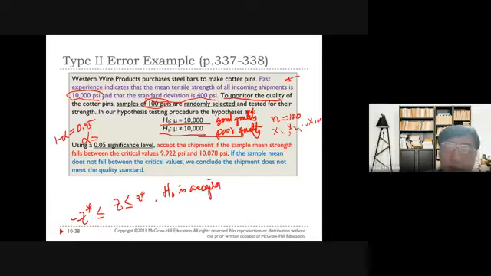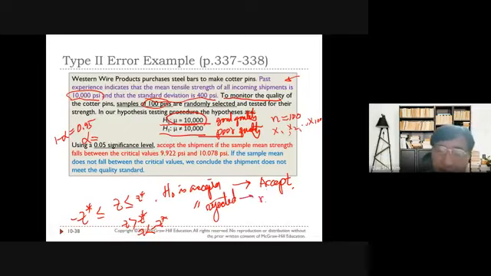Accepted means this batch of arrival is equal to 10,000, so we will accept the total shipment. If Z is bigger than Z star or less than minus Z star, H0 will be rejected, so we cannot accept the shipment.